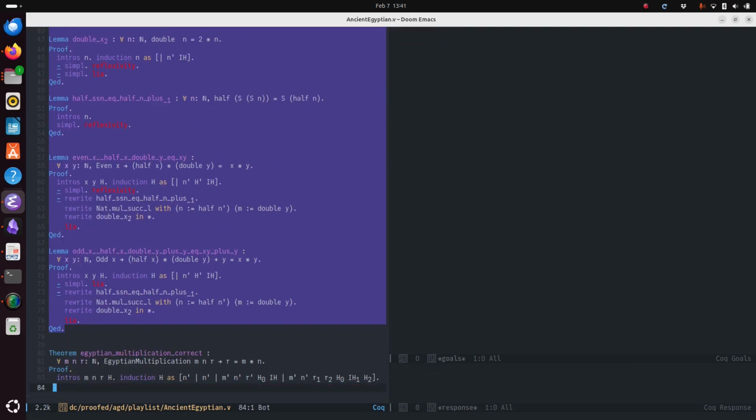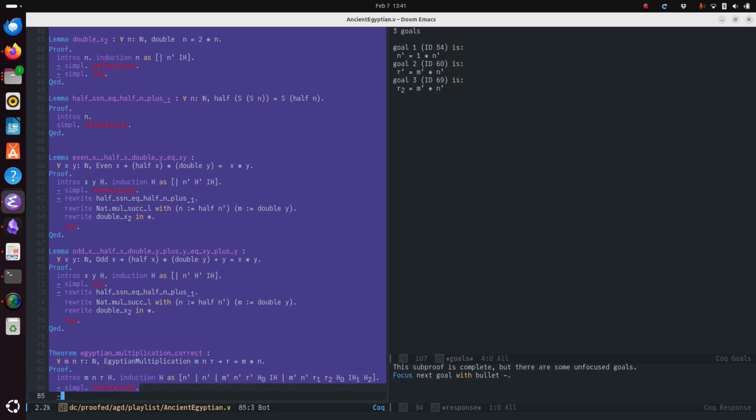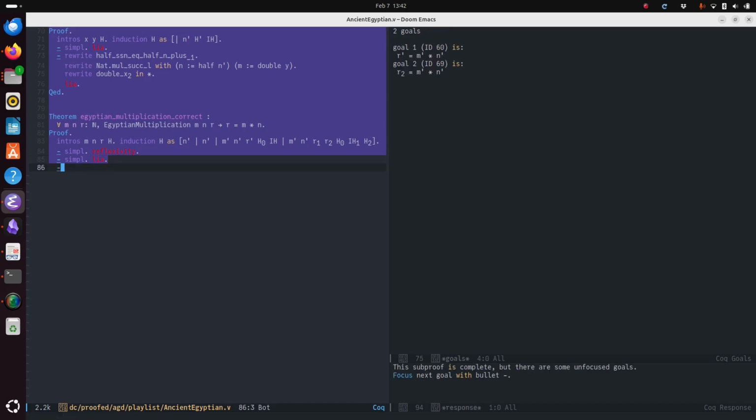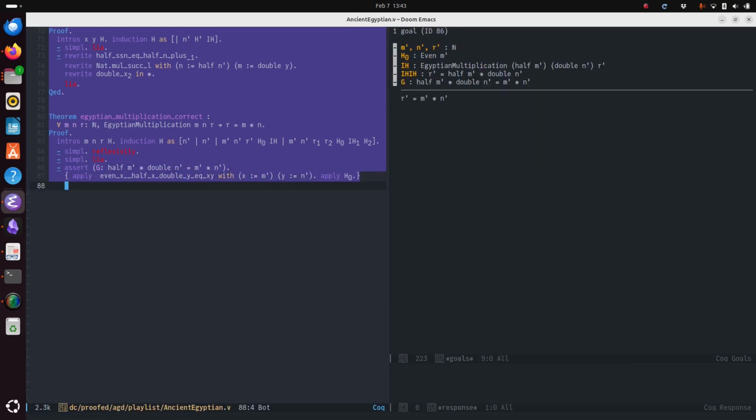Now we can get to the main proof. This is simple reflexivity. Lia will be able to resolve this. Let us have an assertion here.